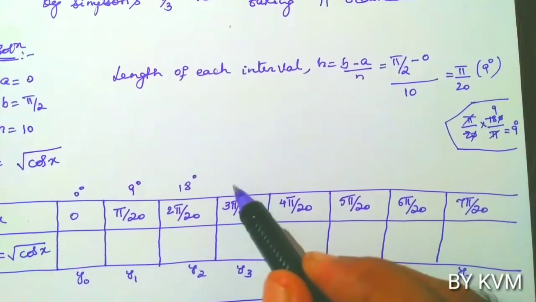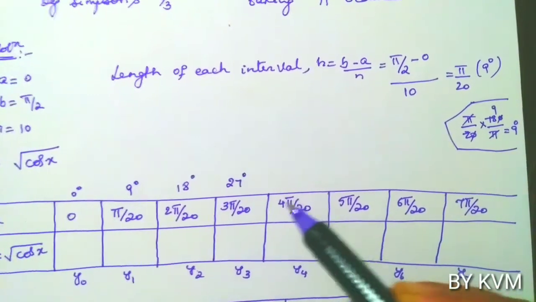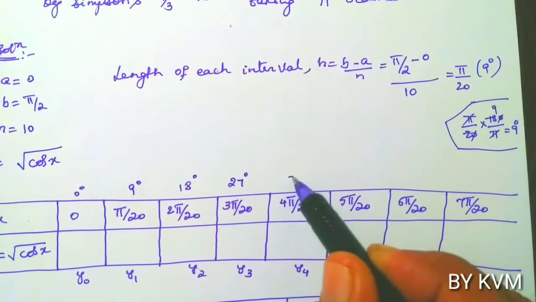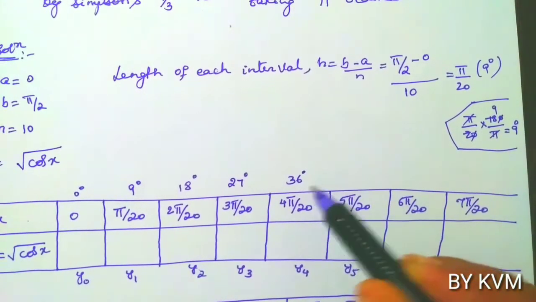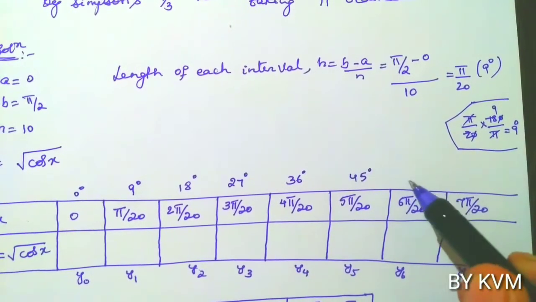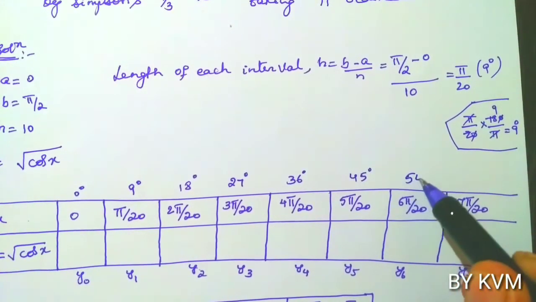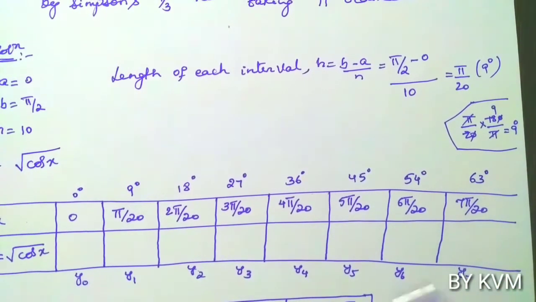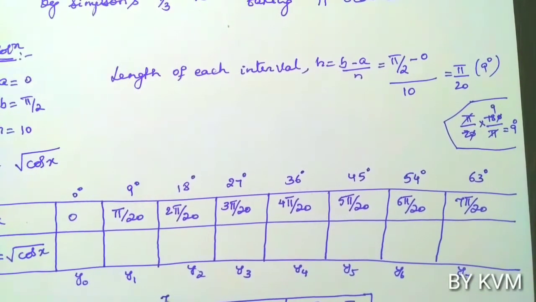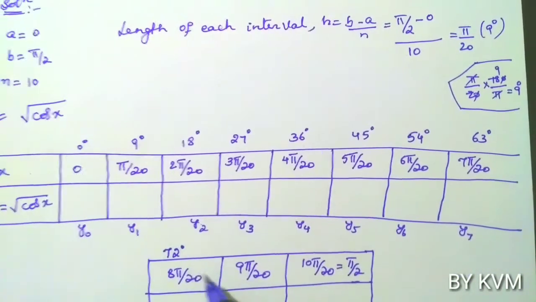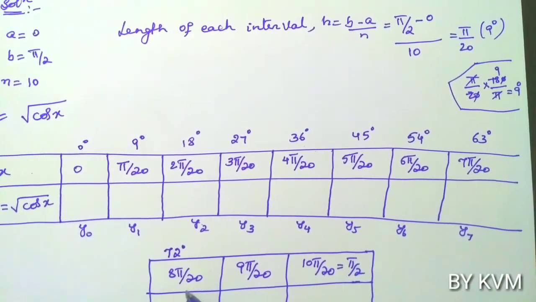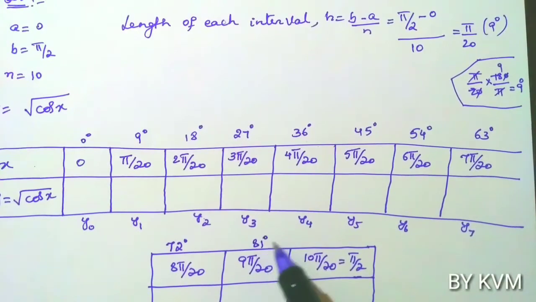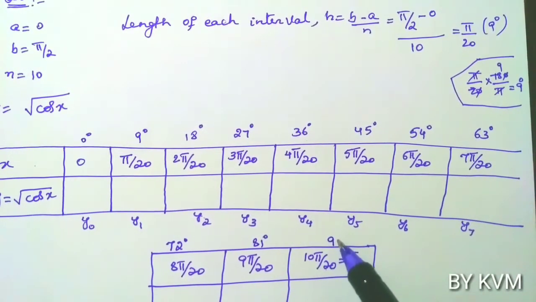Then 27 degrees, 36, 45, 54, 63, and 72 degrees, which is 8 pi by 20. Then 72 plus 9 is 81 degrees, and 81 plus 9 is 90 degrees.